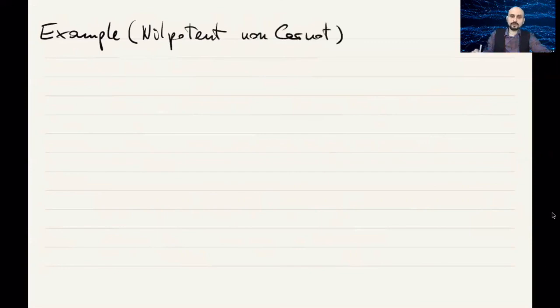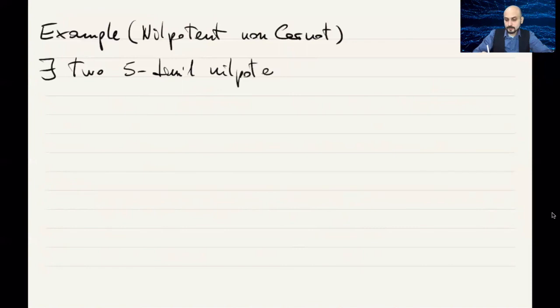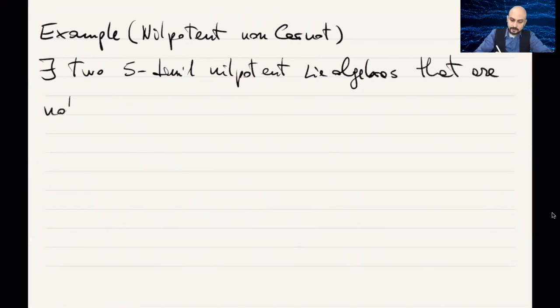Up to dimension 4 there are none, and then there exist two 5-dimensional nilpotent Lie algebras that are not Carnot, that are not stratifiable.